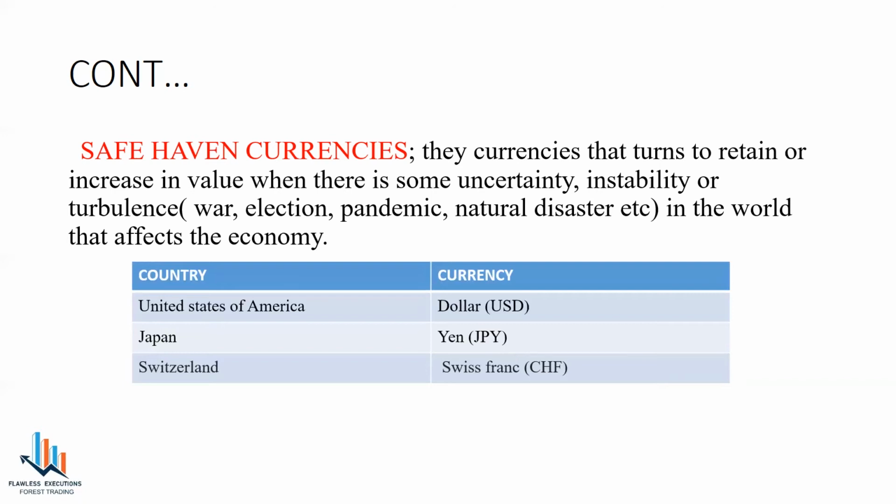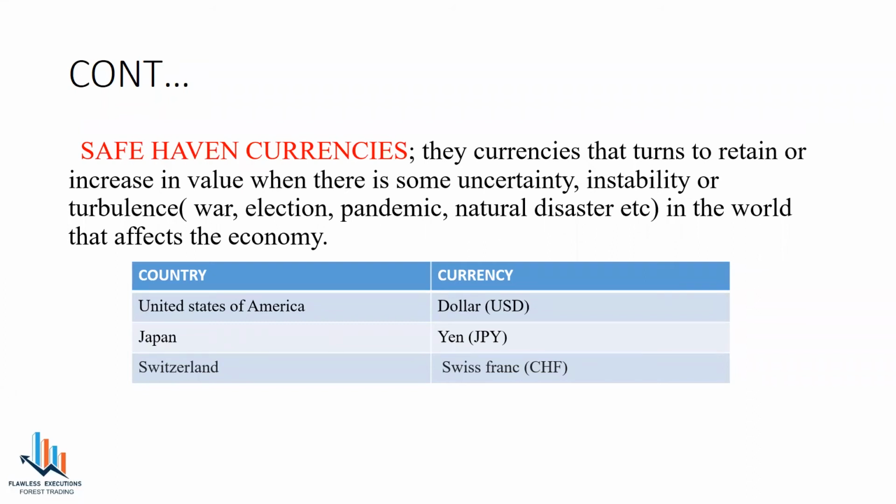Someone will ask, what if these things happen in the United States, or in Japan, or Switzerland? If it is happening in Japan, they will first look to exchange their money into the Swiss franc. If it is happening in the United States, they will look at the yen or the Swiss franc. So all these three nations cannot be in uncertainties together.